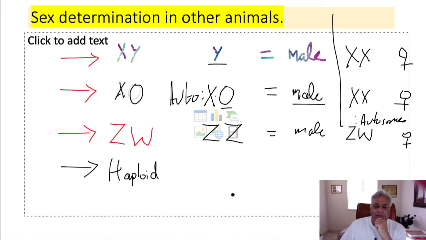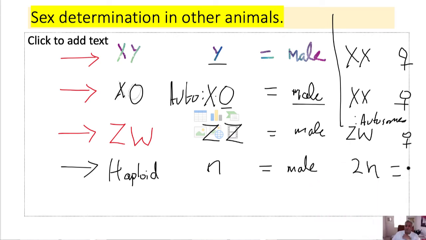Sets, right? So in this case, the males will be just N, 1 set of chromosomes. That'll make you male. And if you have the normal double set of chromosomes in a diploid condition, 2N, that'll make you female. Right? So what are we talking about here?